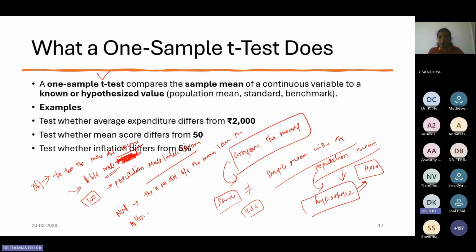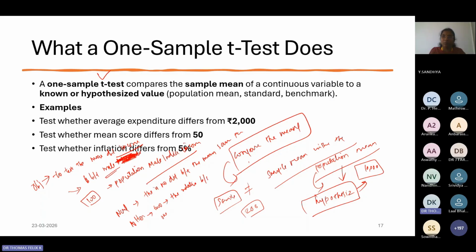The alternate hypothesis will generally be two-tailed or one-tailed. Two-tailed means it won't tell whether the relation is positive or negative. For example, I'll put it as: there is a relation between the mean income of the sample and the population. I'm just saying that there is a relation, without mentioning whether it is positive or negative.